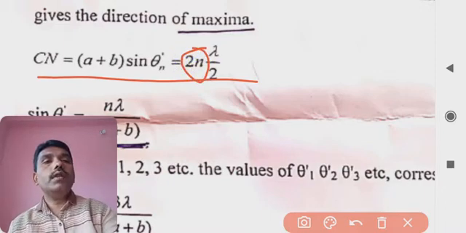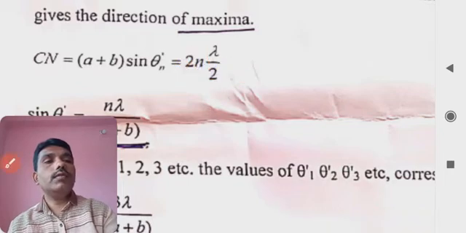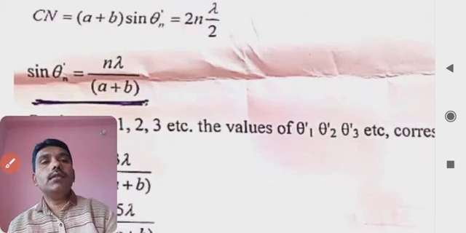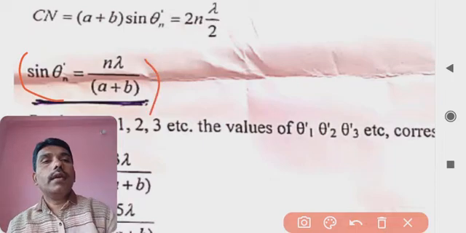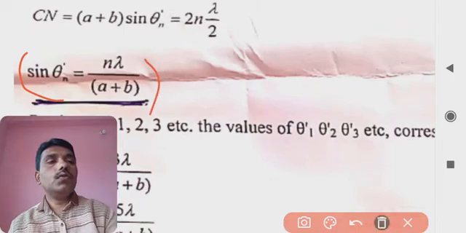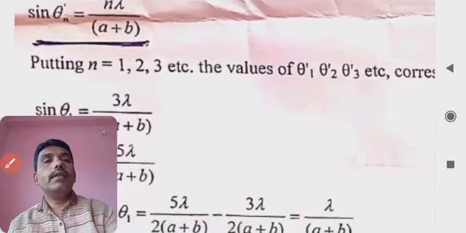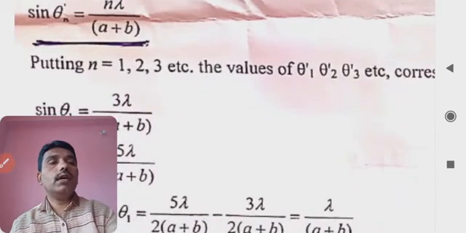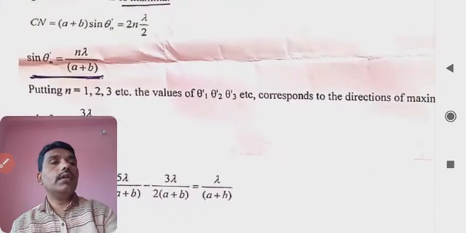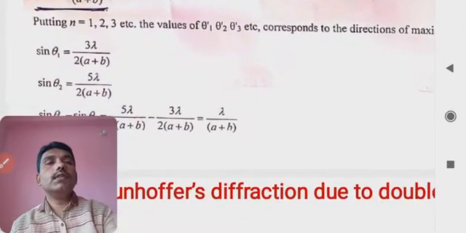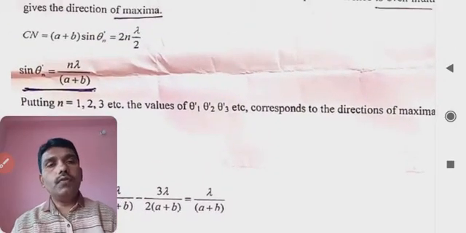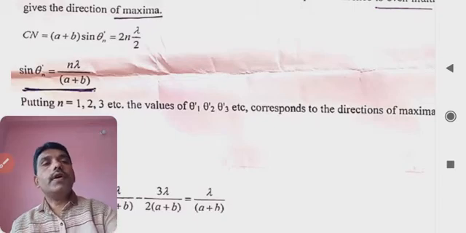The value will be n lambda, because 2 gets cancelled, and we have the relationship sin theta dash n is equal to n lambda upon a plus b. Putting the values n equal to 1, 2, 3, we have theta 1 dash, theta 2 dash, theta 3 dash, corresponding to the direction of the bright maxima.